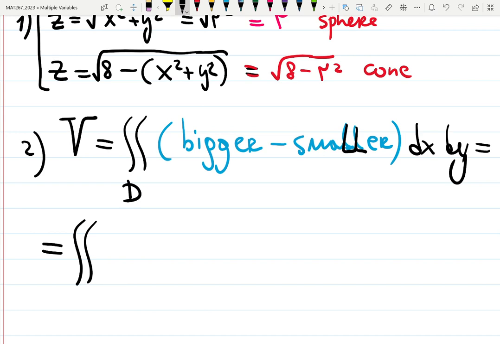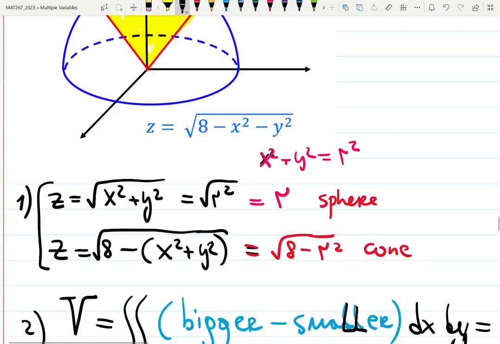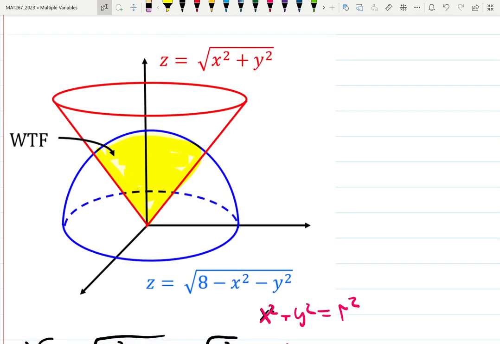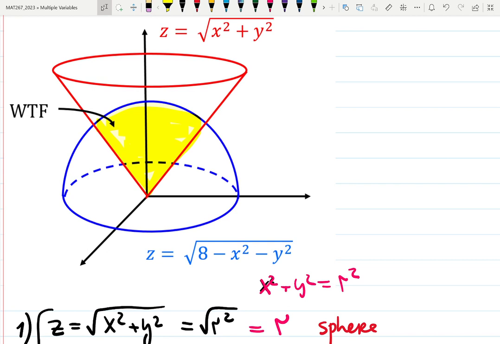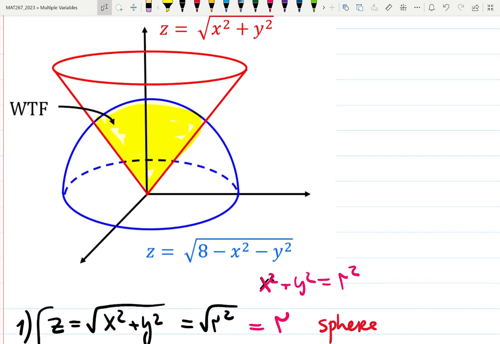Double integral. What was bigger? A cone or a sphere? Whatever is sticking out is bigger. So a cone. Kind of a good question, I guess, which one is minus which, right? But no, the cone is bigger.